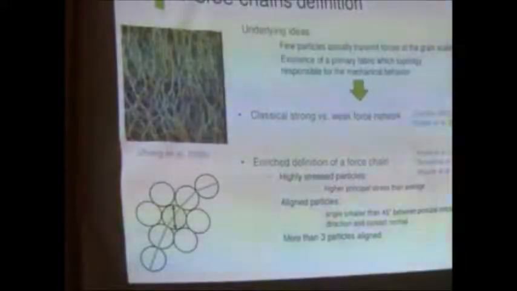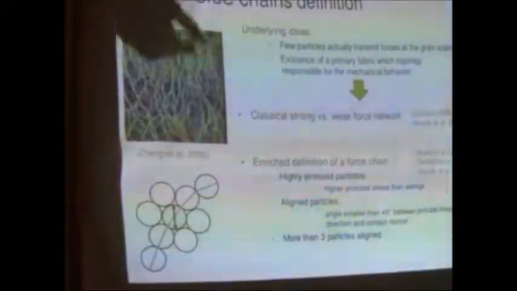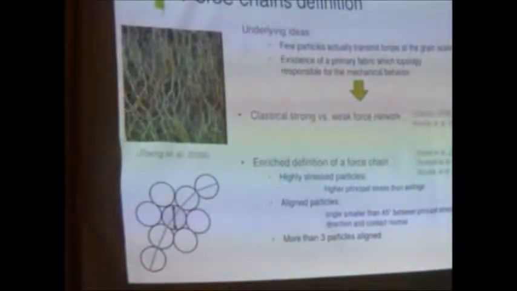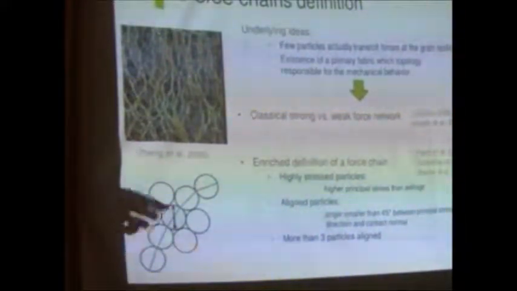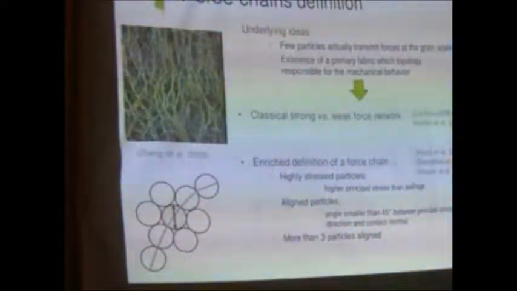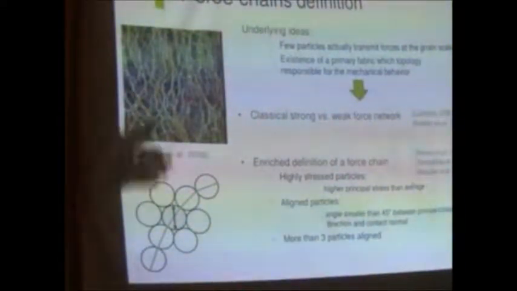In order to define column-like structures as evidenced in this upper picture, the particles belonging to the same force chain should be aligned, and so this criterion is considered by having the direction of compression aligned with the direction of principal stress, with a threshold angle of 45 degrees here taken.